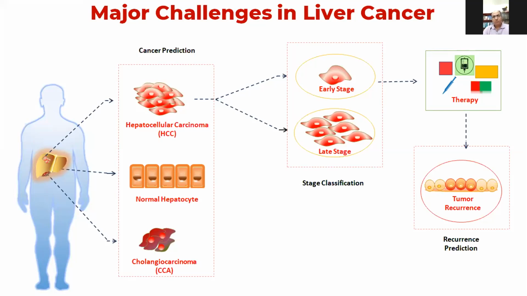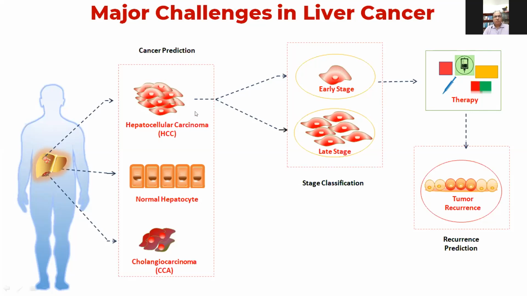In the literature, we found a very poor 5-year survival rate for liver cancer, nearly 18%. So what were the factors affecting its high mortality rate?